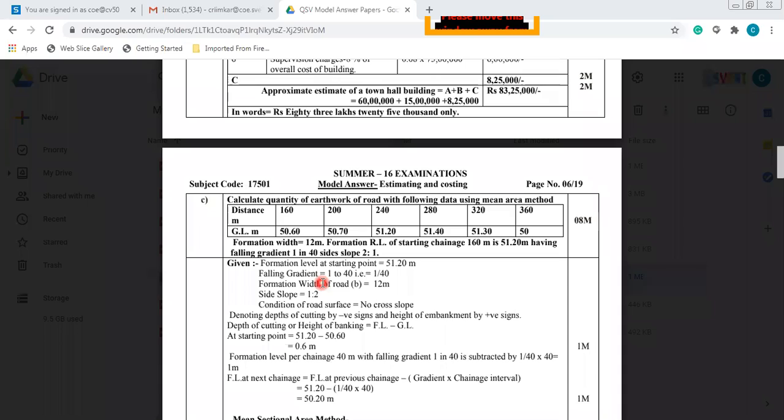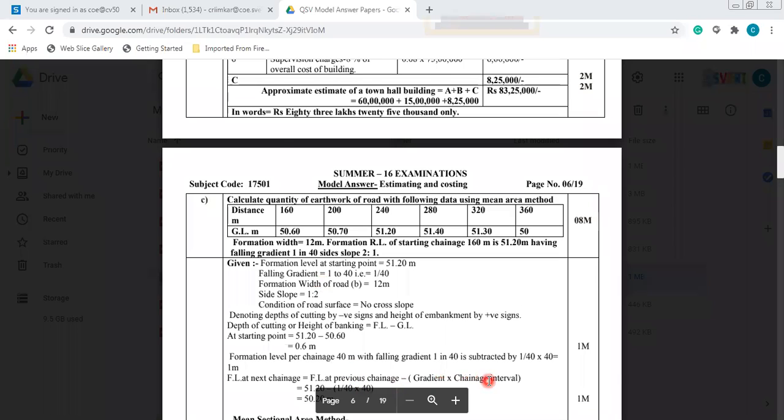The formula is written over here as well. Formation level at the next chainage equals formation level at the previous chainage minus gradient into chainage interval, or difference of chainage.